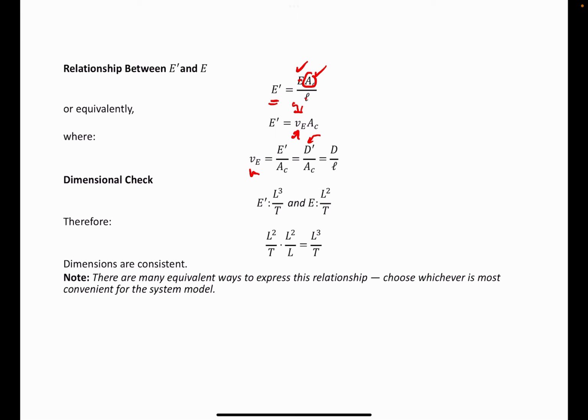Right now we could deal with that: E prime has the unit L cubed over T, and E is L squared over T. If you want to make sure that these things are homogeneous, you could multiply E, which is L squared over T, times the area, L squared, divided by the length, L. Then you can see that L cubed over T, because one L will cancel with one L, so you're going to have L cubed over T, and the dimension right now is consistent.